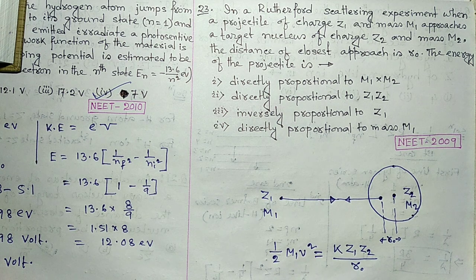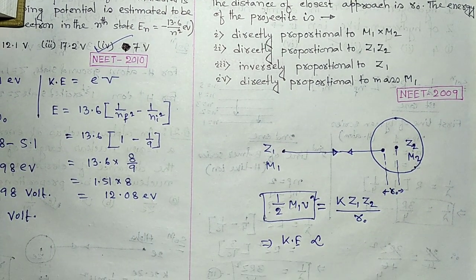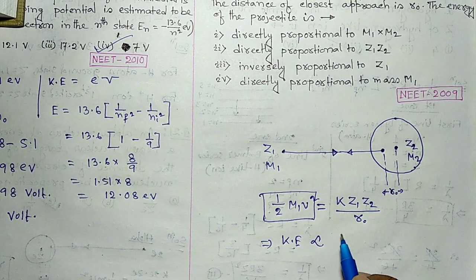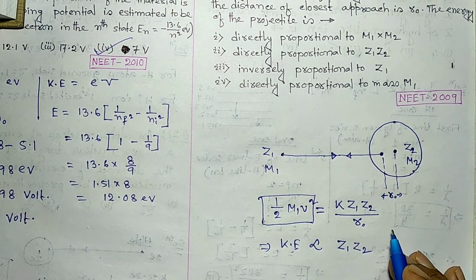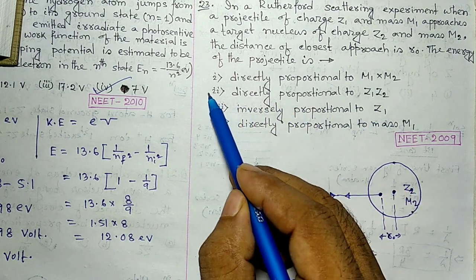So this kinetic energy is proportional to Z1 Z2. So option 2 is the right answer, directly proportional to Z1 Z2.